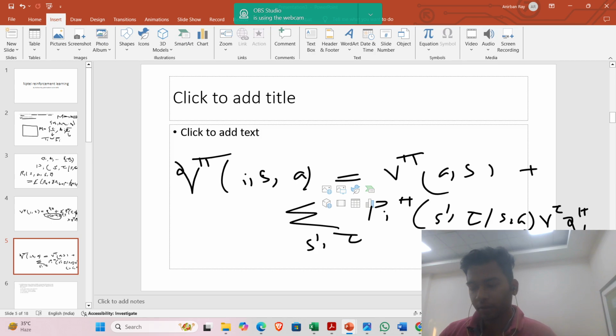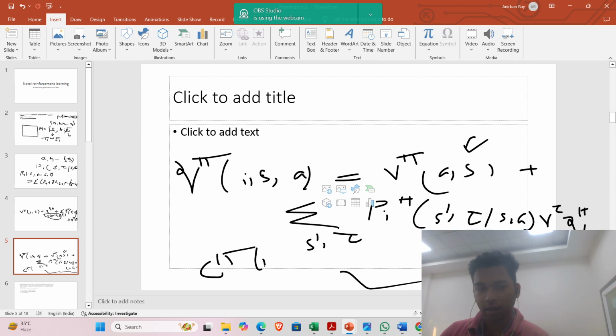This is the value function at the start of the subtask A, and this is what we call the completion function, which is denoted by C pi I S A.